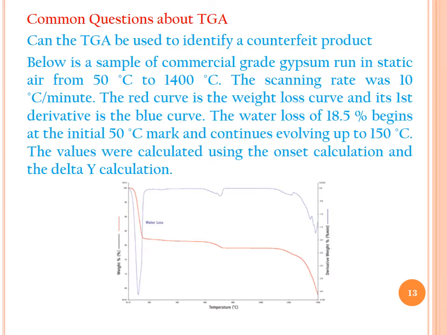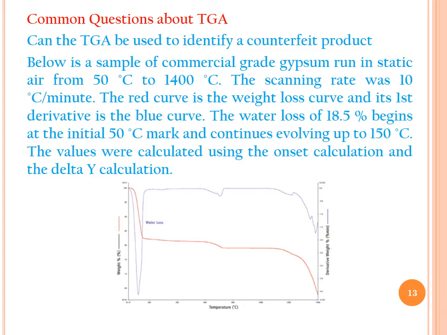Now the other question is, can the TGA be used to identify a counterfeit product? Below is a sample of commercial grade gypsum run in static air from 50 degrees centigrade to 1400 degrees centigrade. The scanning rate was 10 degrees per minute.